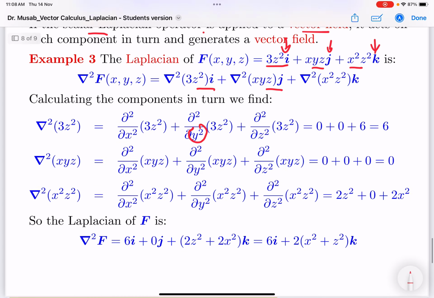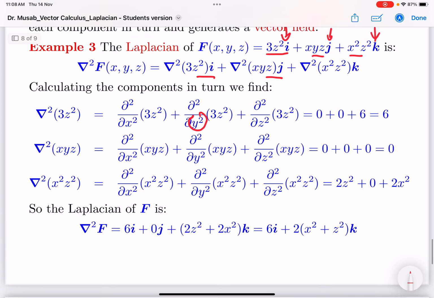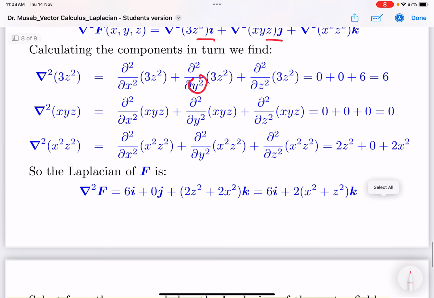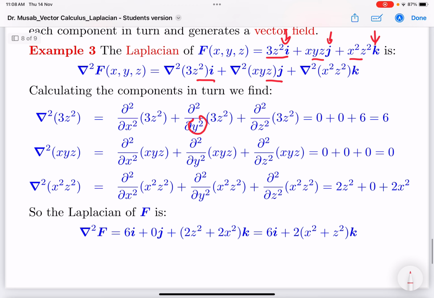I think you have to do some exercises. So this is the example, have a look. This is the first one, second part I, J, K. So this is for the I part and J, a vector field of 3 components.